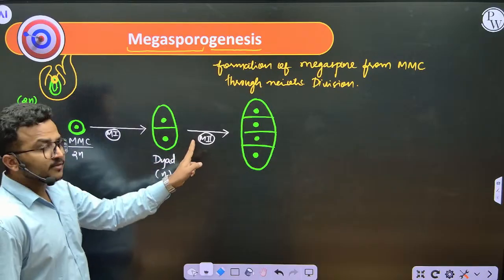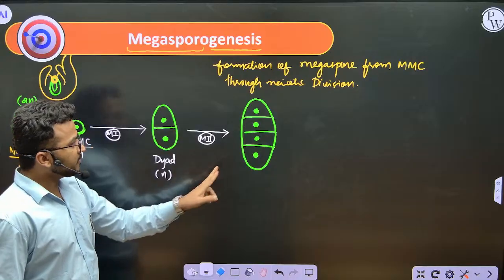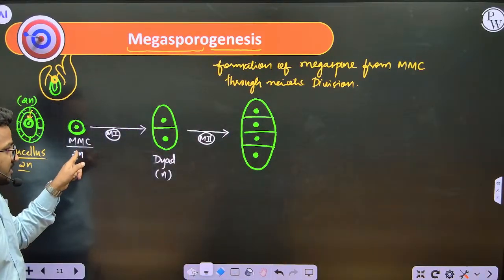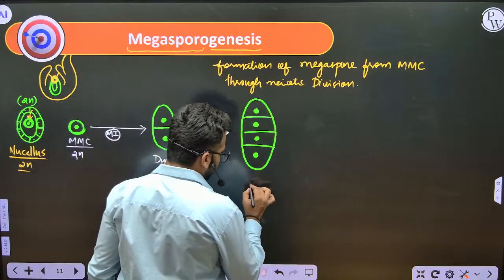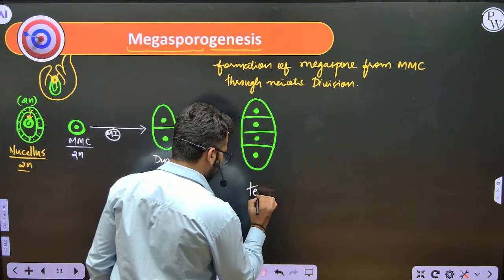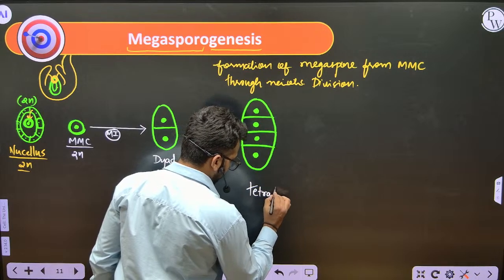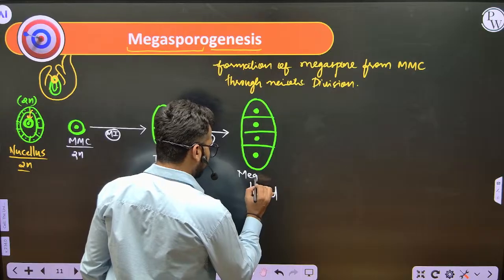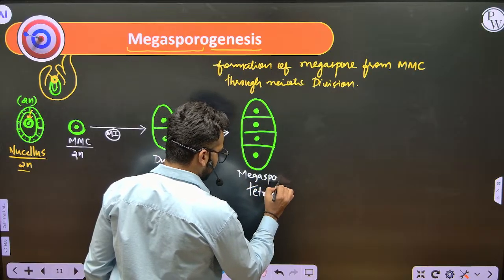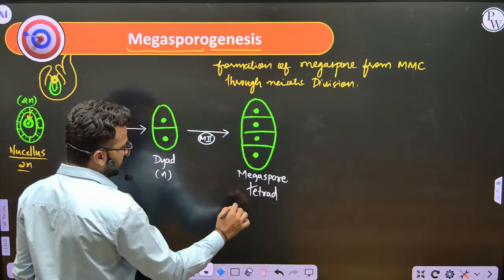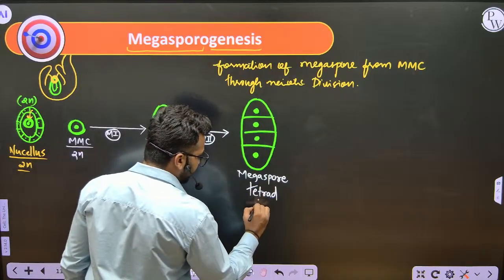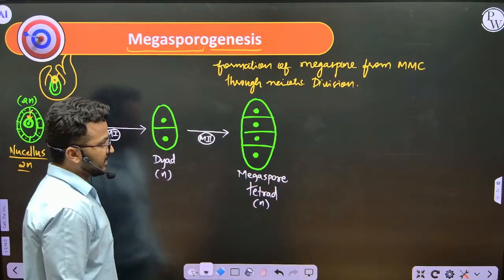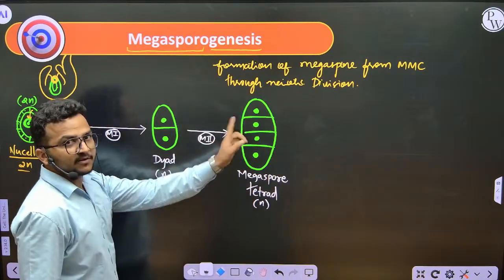Next, meiosis 2 takes place. In meiosis 2, 4 megaspores are formed. So the megaspore mother cell results in a tetrad, the megaspore tetrad. When the megaspore tetrad is formed, all the cells are in haploid condition. Haploid means a single set of chromosomes.